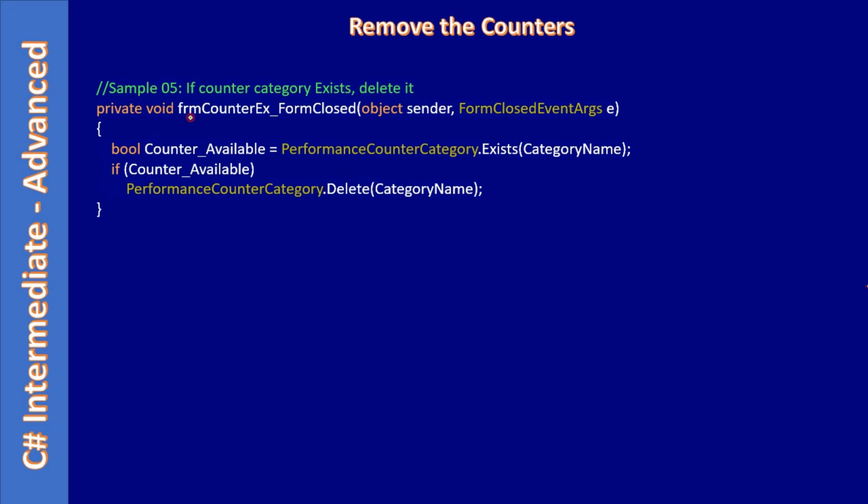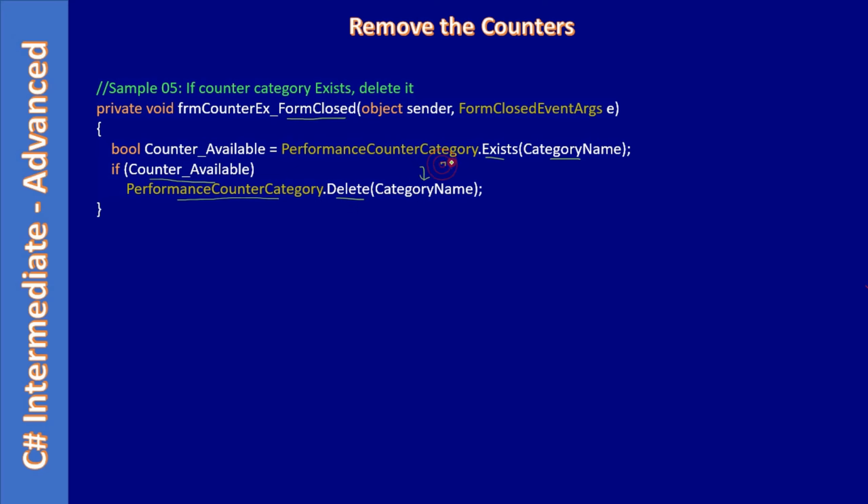Here if you see, the FRM counter X form closed event we are handling, that means when the user closes the form we check performance counter exists, with the category name, the same one we used in the form load. When the counter exists, before closing the form we make use of PerformanceCounterCategory.Delete, and we pass the category name.